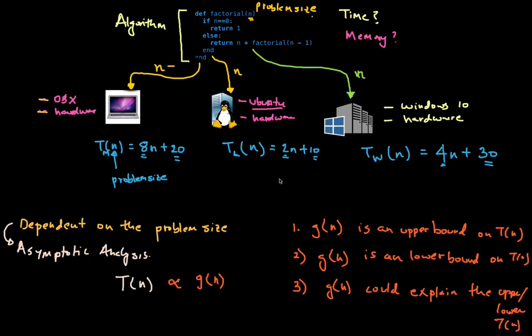Okay, and the notation that we use here is that if g of n is just explaining the upper bound, we call it Big O of g of n, which is the big O symbol that you see.